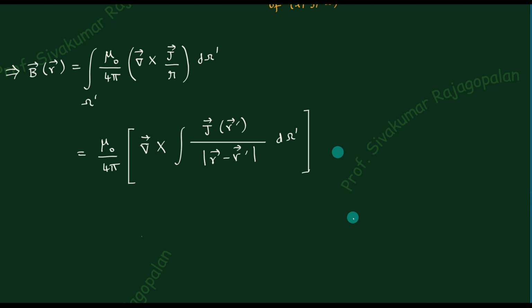So the point is that it's very clear that the integral operator has been taken first, and then the del operator is taken second. You see that's what happened here. What is the difference between these two? That is the only difference. D omega prime is there here, no change. This script r is only this one, so script r also, nothing happened. It's only rewritten in an appropriate expression. And j is nothing but j of r prime.